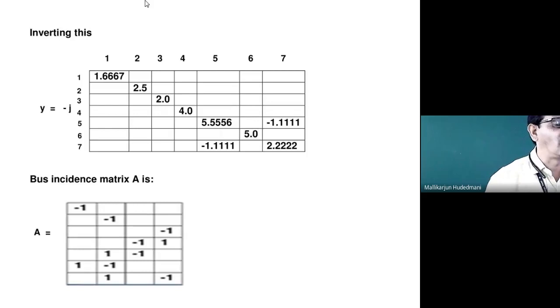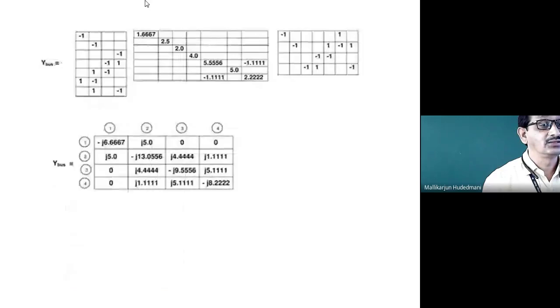Although we have seen how the A matrix is obtained. If I know A, and I know Y primitive, either directly or converted to Y, A transpose into Y primitive into A works for me as Y bus of the system. You can see this. I have substituted A transpose Y primitive into A. When I take the product, it will result in 4 cross 4 only.